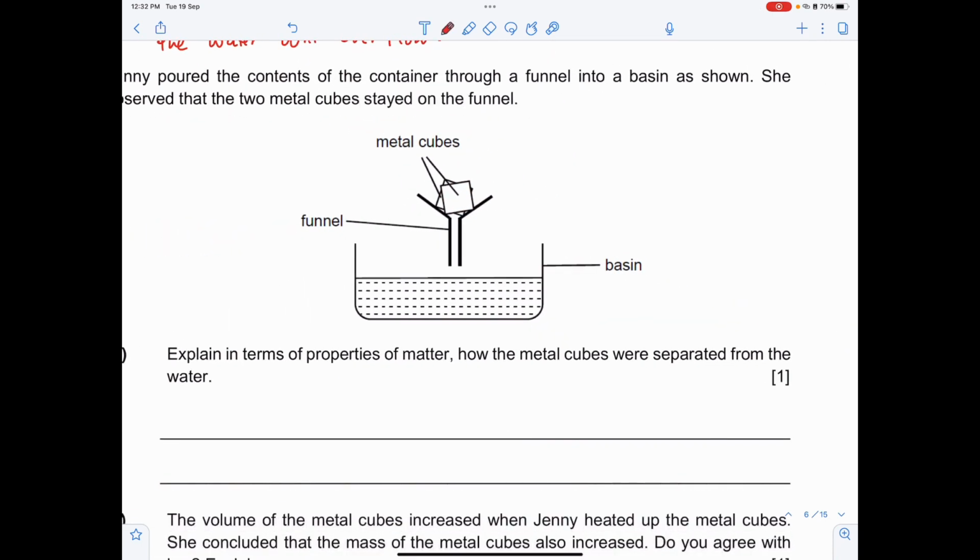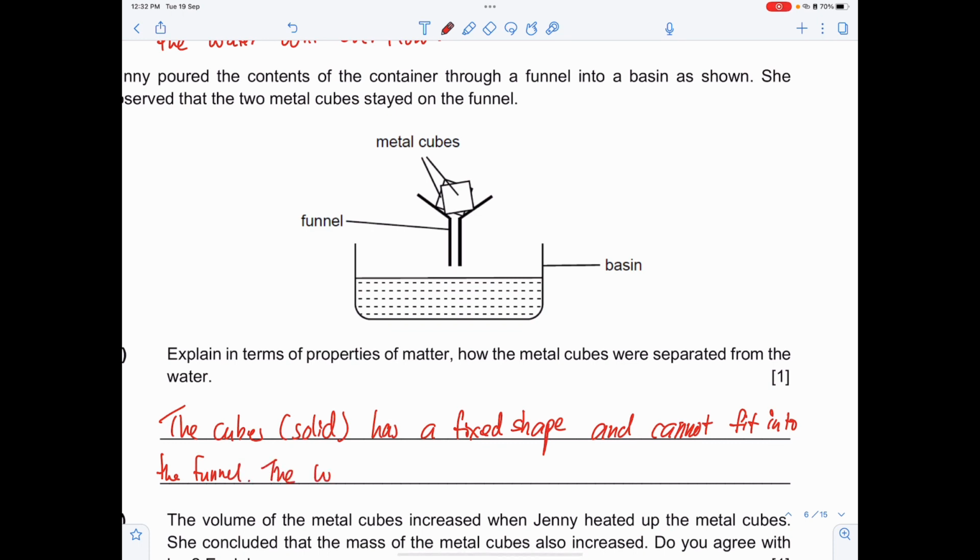So how can we say? So the cubes, which is a solid, has a fixed shape and cannot fit into the funnel.